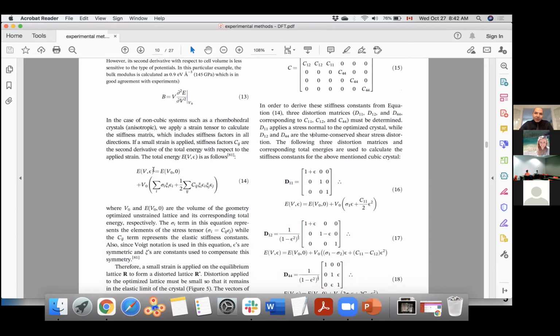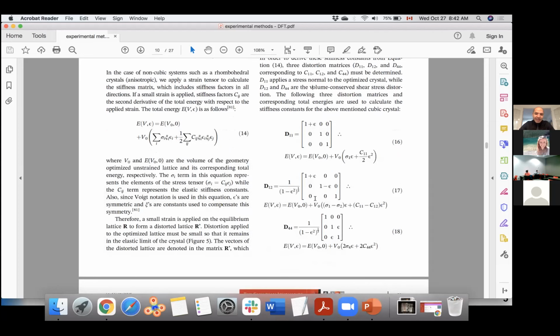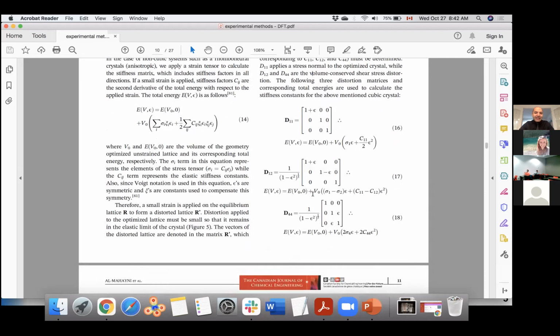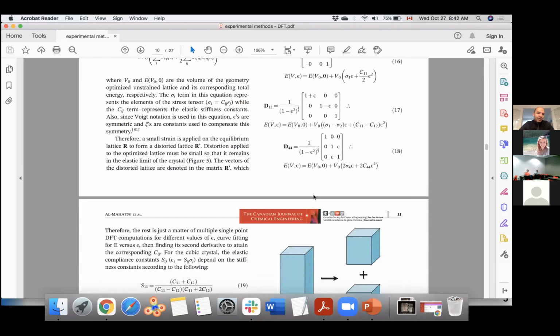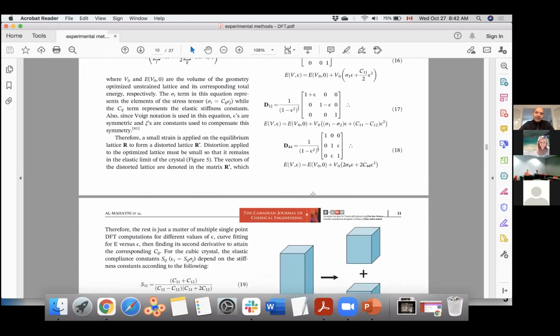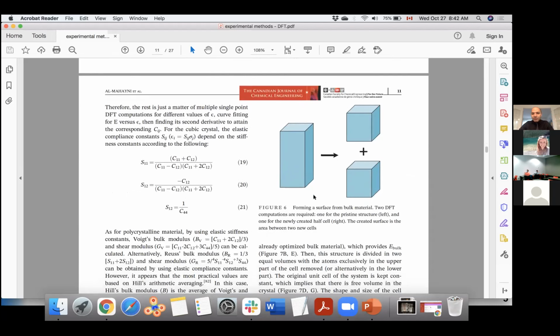So here, what we do is basically we have that formula. You just need to again deform the cell, and all those deformation formulas are given here. How the unit cell can be deformed, and then the relevant energy calculated to obtain the elastic parameters for this specific problem.